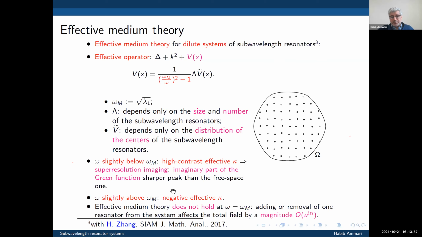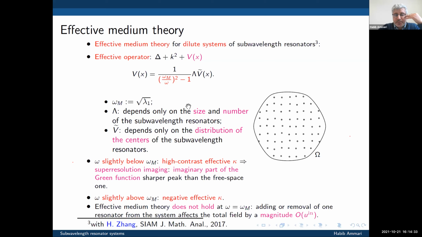What we can prove, and this is what we did with Haisen a couple of years ago, is that this system can be described by an effective operator, if you are looking at the far field, at the scattered field from an incident plane wave. So there is an incident plane wave hitting your resonators, then you look at the scattered field, and you can compute it out of this effective operator, where V now, this effective potential, has this form here.